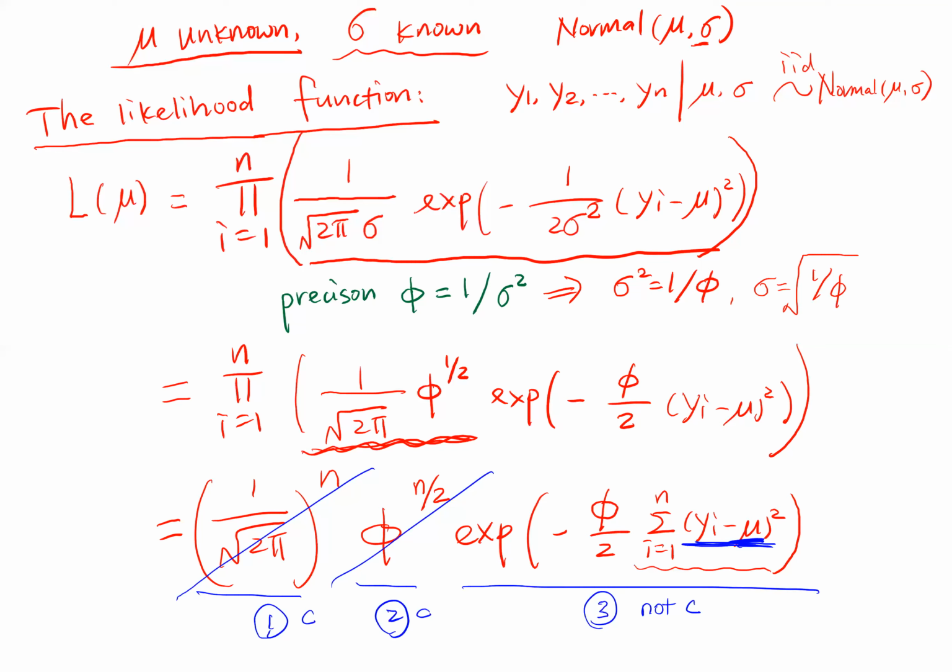Okay. All right, so this is the part about the likelihood function. So let me also introduce you to the prior. So the prior distribution, we know that is a normal. So I'm going to also use the precision instead of the standard deviation.